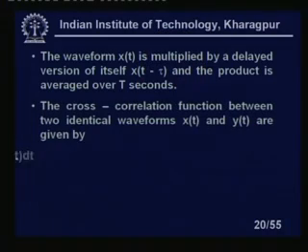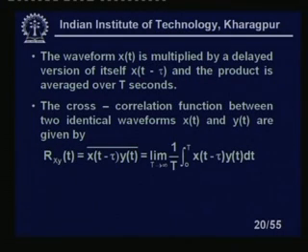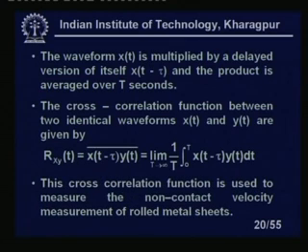Now, let us look at the cross correlation. The cross correlation function between two waveforms x(t) and y(t) is given by Rxy(tau) = average of x(t minus tau) y(t), which is limit T tends to infinity of 1/T integral from 0 to T of x(t minus tau) y(t) dt, right. The cross correlation function is used for non-contact velocity measurement of rolled metal sheets, a non-invasive type of technique.